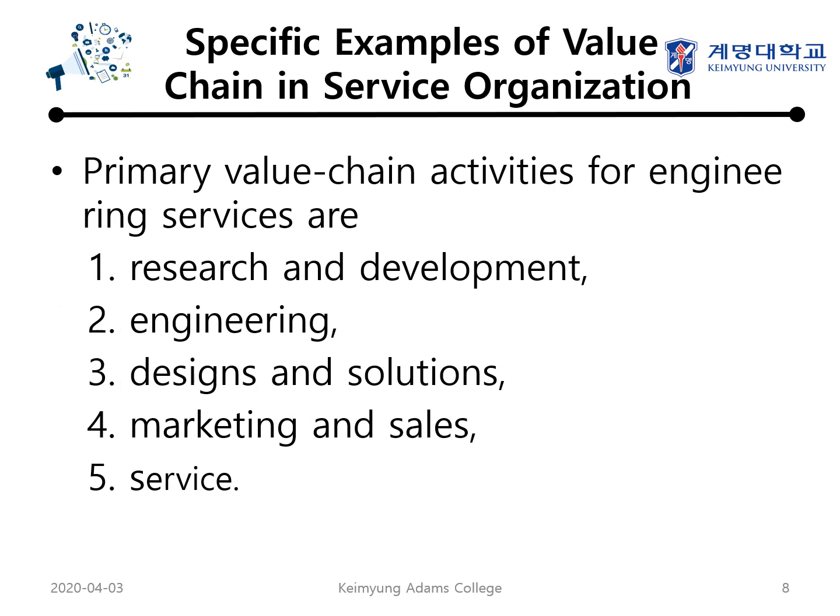For engineering services, they conduct research and development. They improve the engineering facilities and systems. They update their designs and solutions. They also conduct marketing, sales, and services. As we go along with our discussion, one by one, I'm going to give you a specific example of these particular value chain activities.